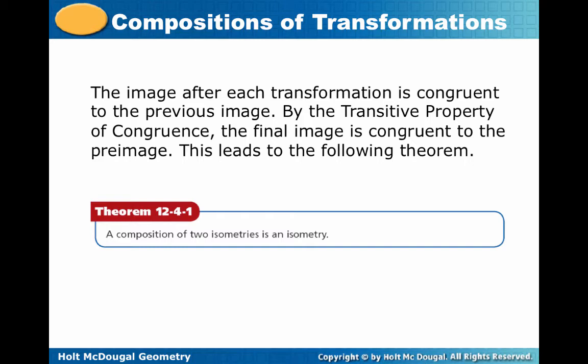So one thing that they point out here is that when you have two transformations, which are both isometries, you can conclude that the image at the end is congruent to the pre-image, and therefore that the composition of two isometries is an isometry. So first of all, they mentioned the transitive property of congruence.